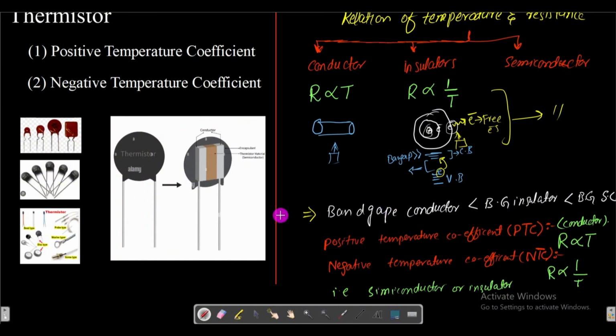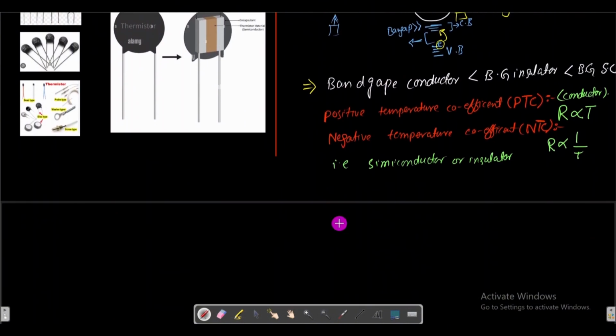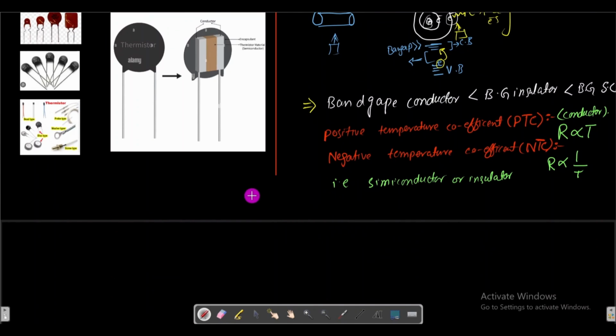Now we will discuss the construction of this material. So here we have this material, and I am going to give the topic here: the construction. This material will consist of metal oxides such as copper oxide, nickel oxide, zinc oxide.